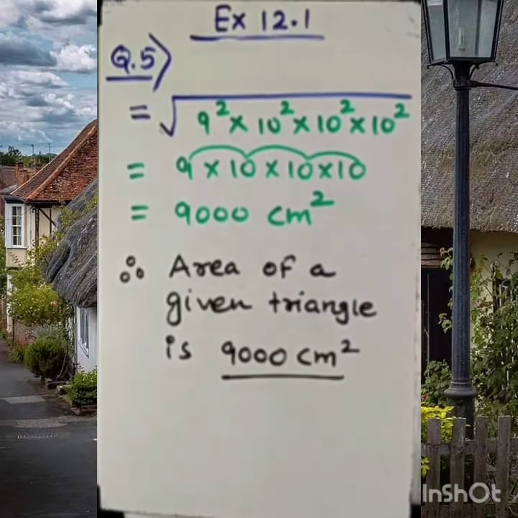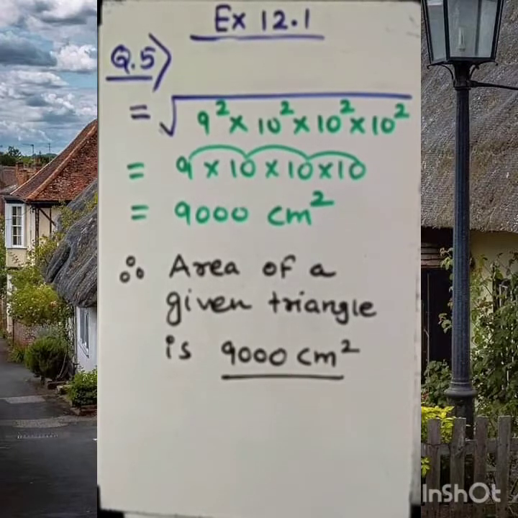This question is quite easy. Roughly, I am giving you the idea one more time. We are given the sides in a ratio form, so we have taken a constant x, and first we found the value of x. Then we substituted its value in A, B, C, and we got the value of each and every side.